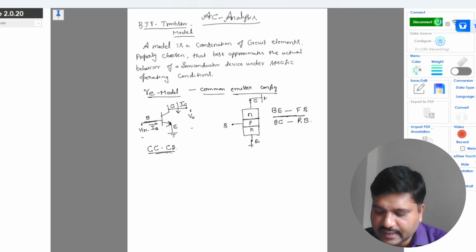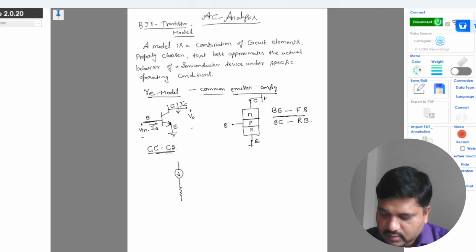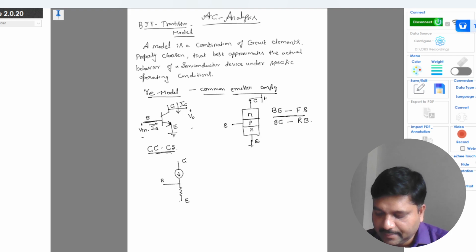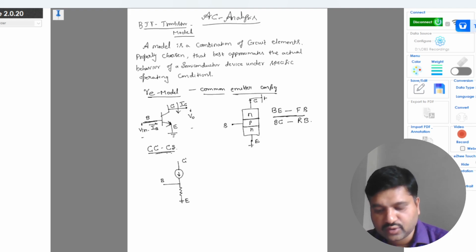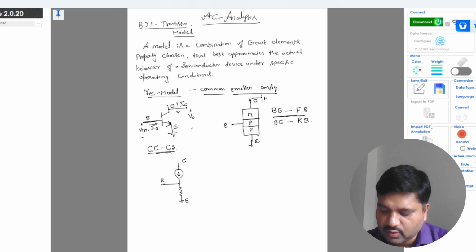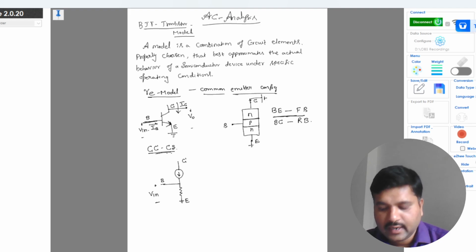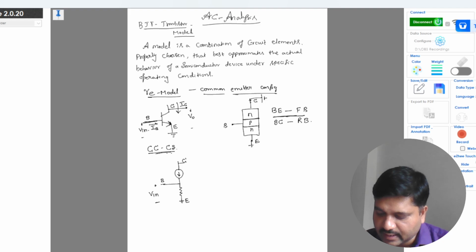To represent this in a diode model, this is my base, this is my collector and this is my emitter. The emitter is connected to ground, so it becomes common for both input and output. My input is given to the base terminal with respect to reference, and the output V0 is taken from collector to emitter.